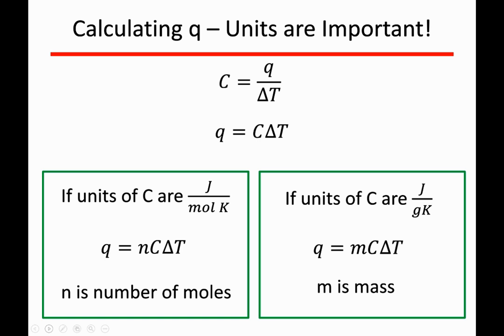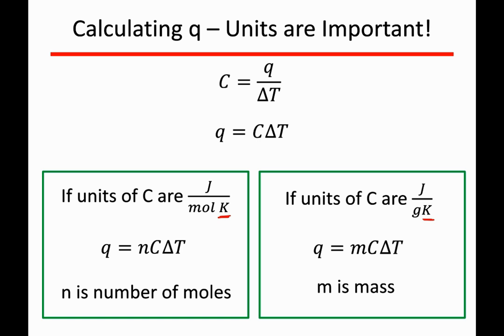One other thing that I'll mention here is when we're talking about the units of heat capacity, the temperature component of it can often be written as Kelvin, but it could also be written as degrees Celsius, and it doesn't matter one way or the other whether you use Kelvin or degrees Celsius here.